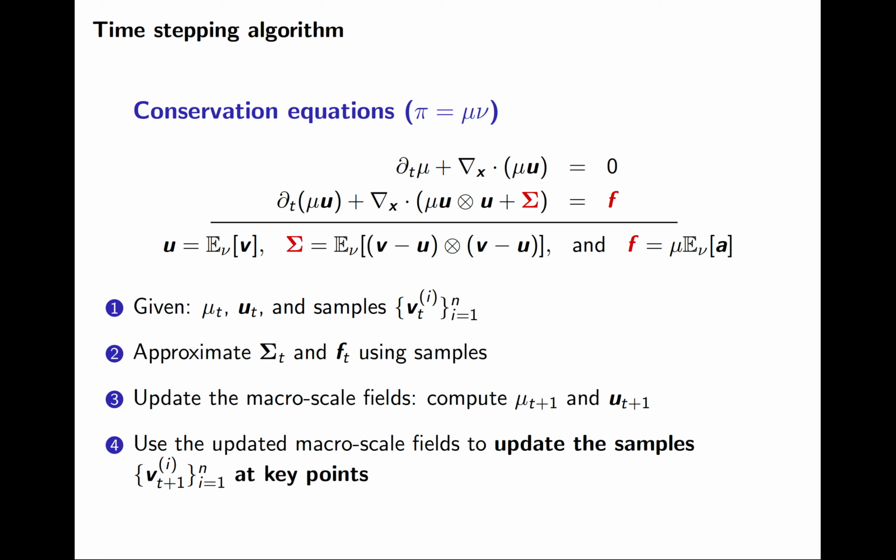And then given the updated macro scale field, the last step of our time-stepping algorithm is to use these updated fields to update the samples at key points in the domain, and then just keep applying this time-stepping algorithm over and over and over. So the only thing I need to do to completely define this numerical method is to explain how we're going to update the samples given the macro scale fields.